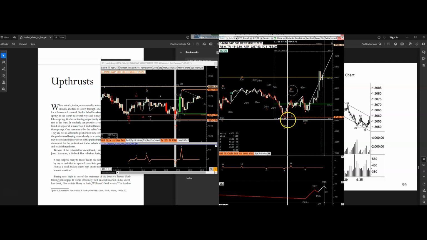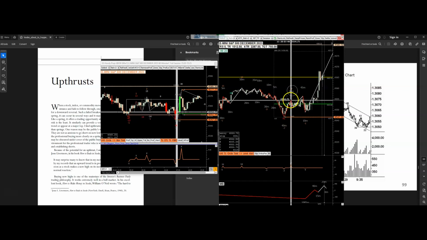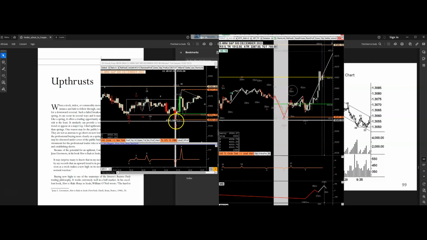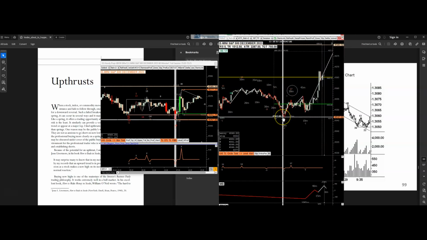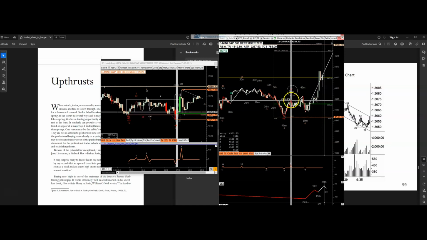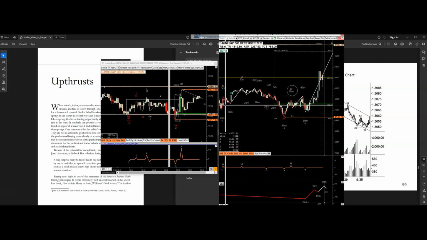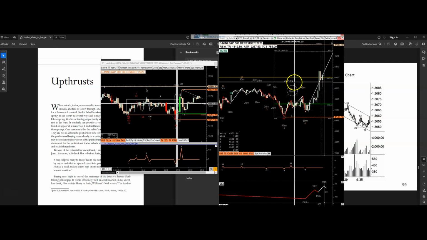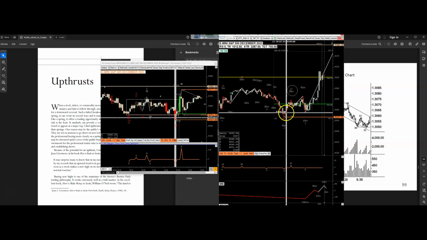Does this look like a weak response? Or does this look like someone's buying that break? Someone's buying that break because this is the biggest up wave in 17 up waves, and it is aggressive buying because it's the big up wave.